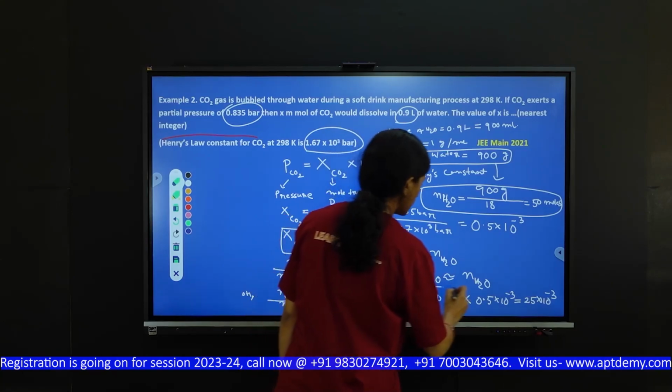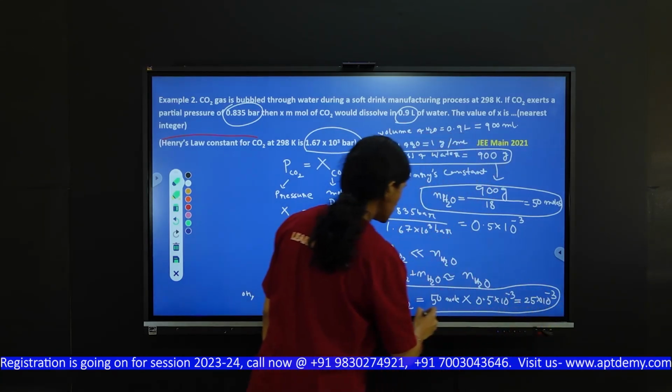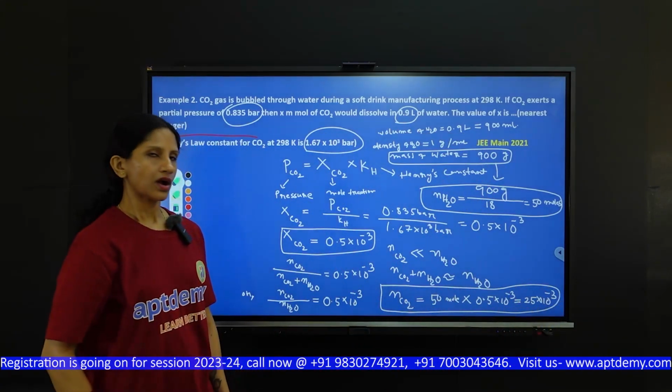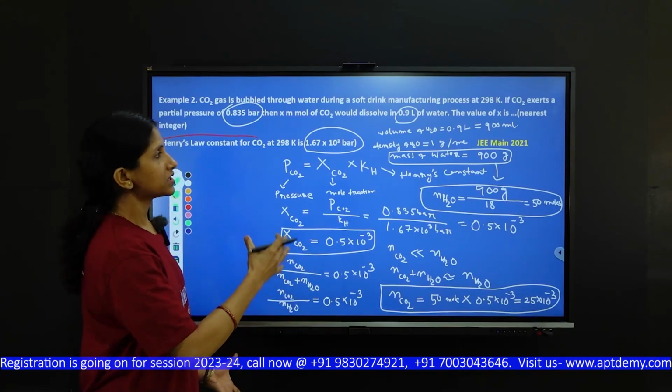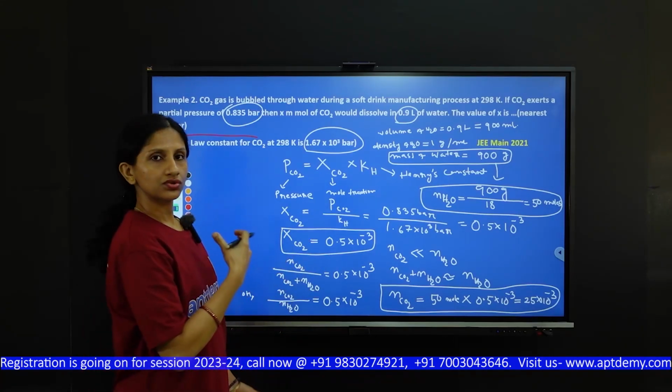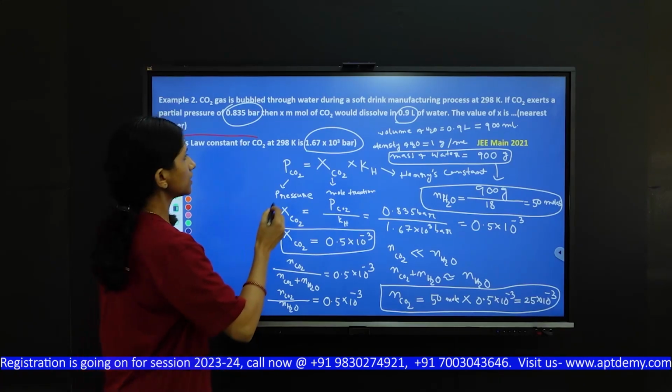So this is the number of moles of carbon dioxide which they have asked to calculate, but we have to convert it into millimole.